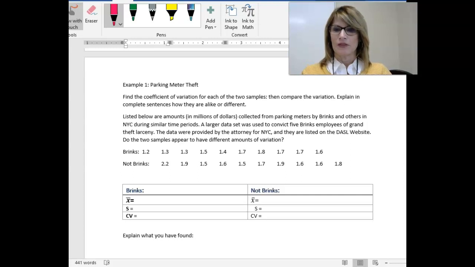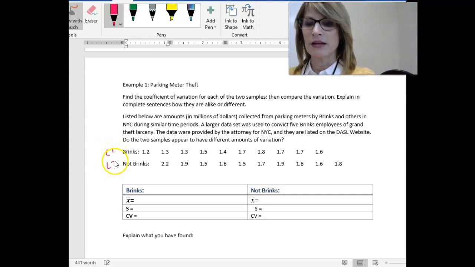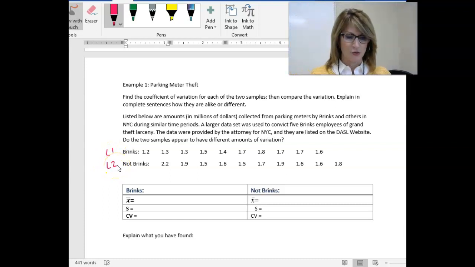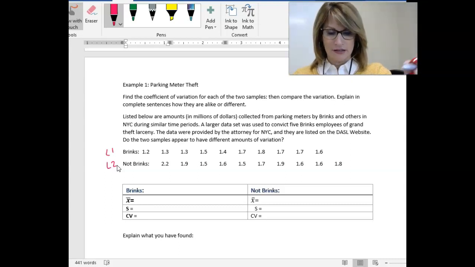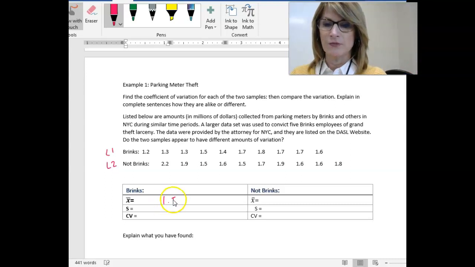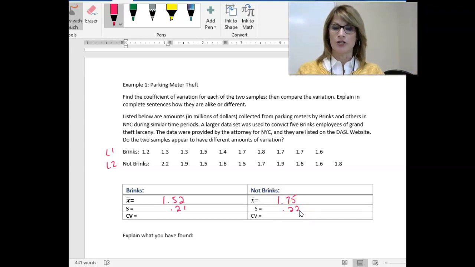So if you were to put Brinks in list 1 and maybe not Brinks in list 2, you can take a minute, you can pause the video here if you like, but you can find your mean of Brinks is 1.52 and a sample standard deviation of 0.21, and not Brinks, you'll get a mean of 1.75 and a standard deviation of 0.22. Okay, and what we're going to try to do is the coefficient of variation.